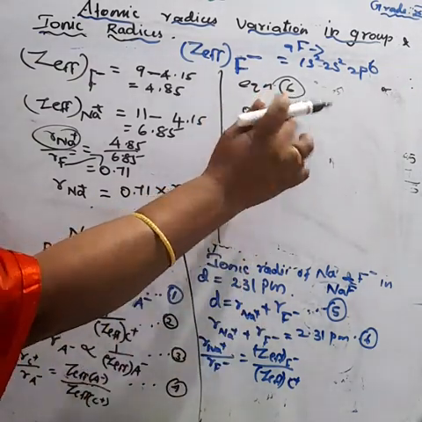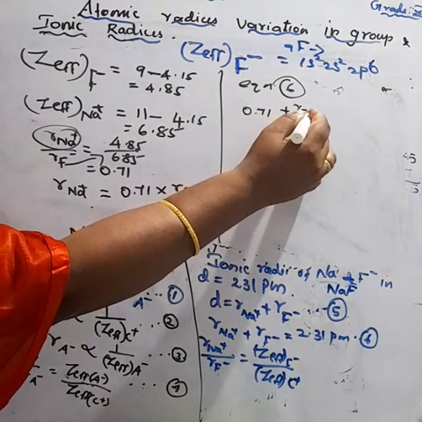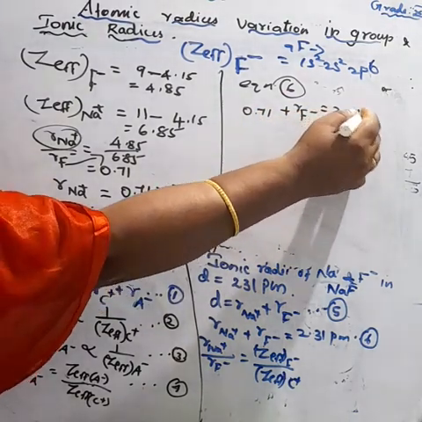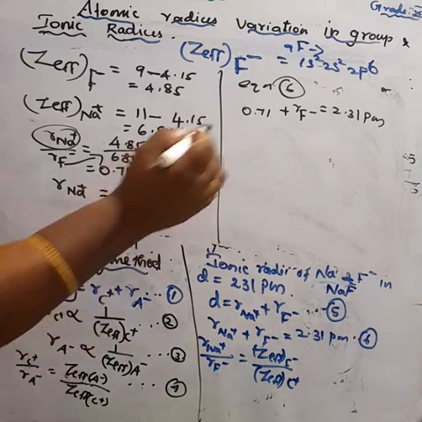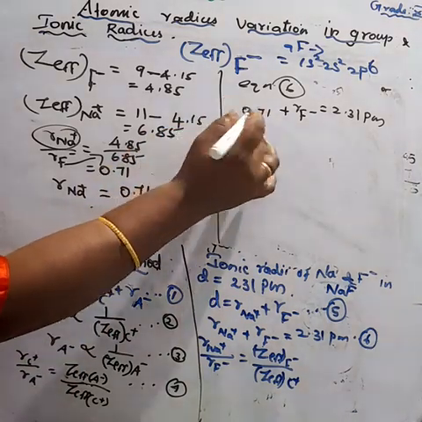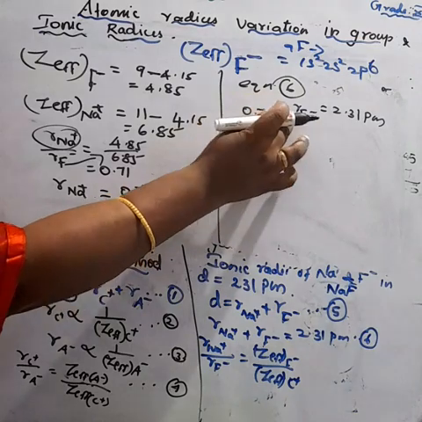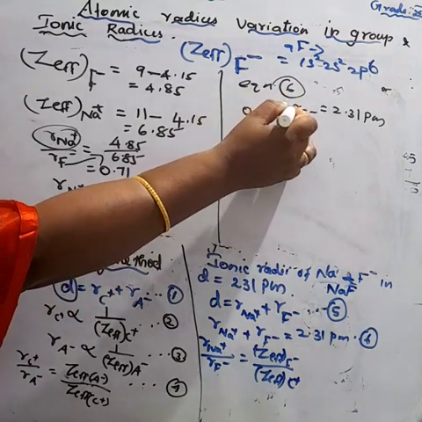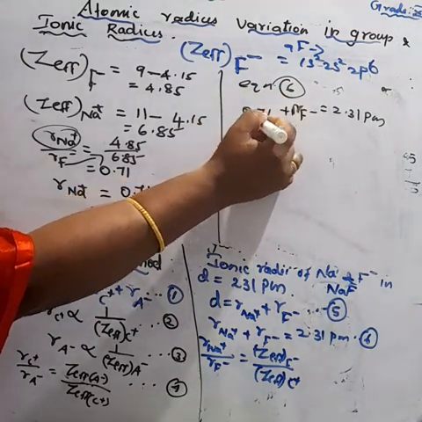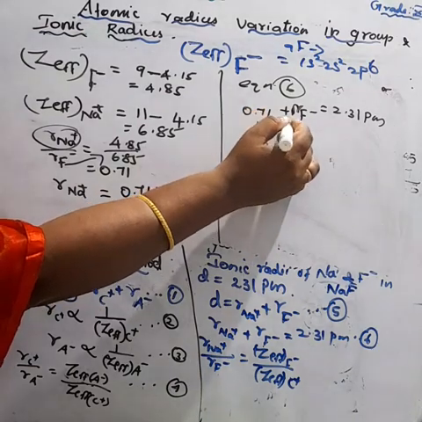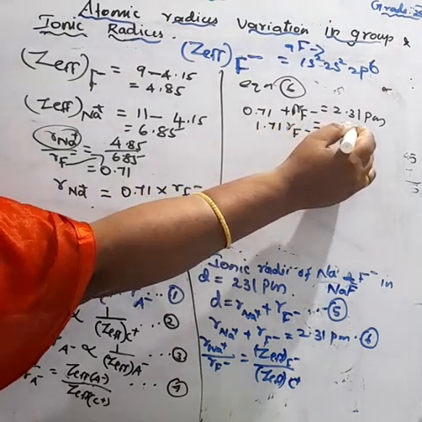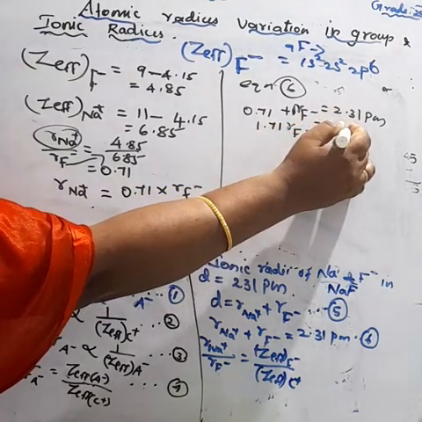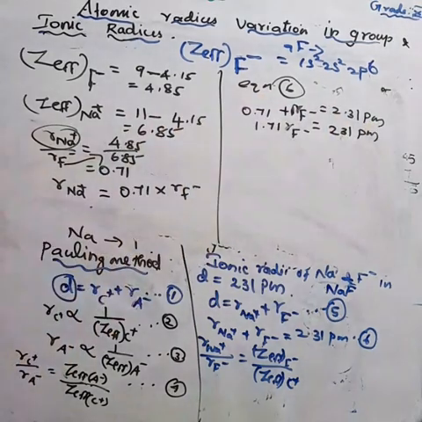Here, r F- means 1 r F-. So we are adding these two values, 0.71 plus 1, which is 1.71 times r F-. So 1.71 r F- is equal to 231 pm.